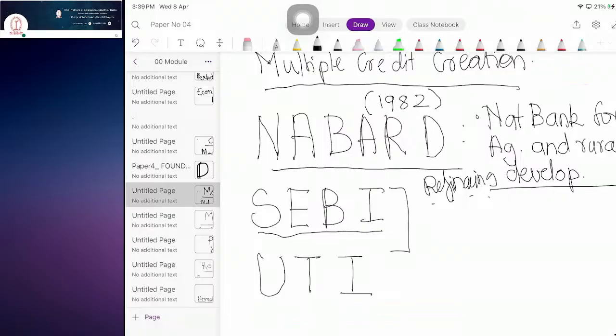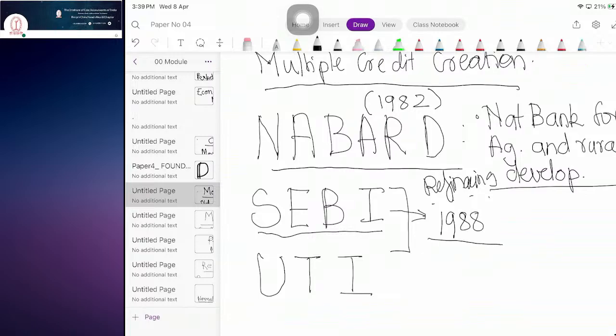Write the full form of SEBI. Perfect: Securities and Exchange Board of India, and there is a SEBI Act. SEBI was formed in the year 1988.